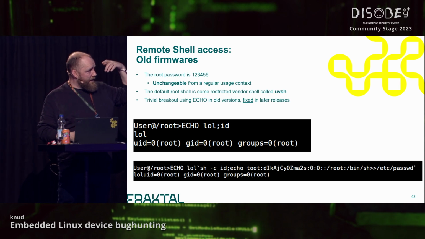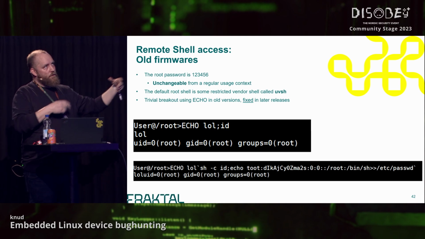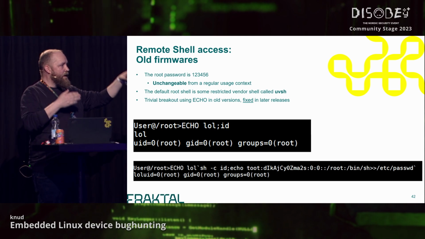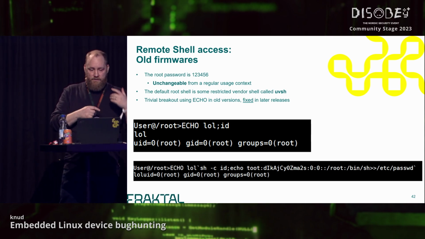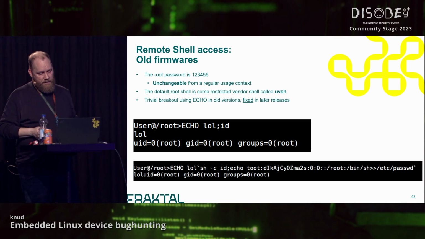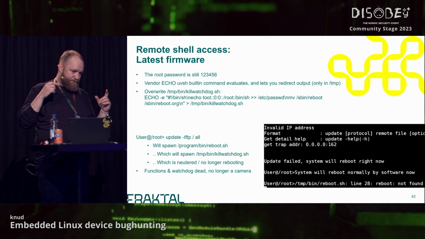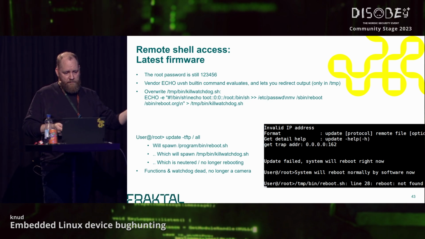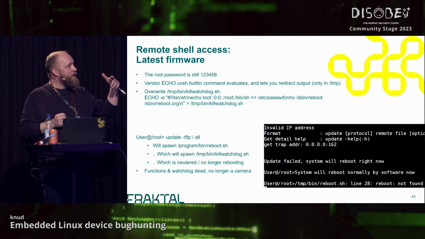And then you can add a real root user called toot in this case, that has a password of 123456, but which spawns a real shell, so that next time you telnet to it and supply toot as the user, you get a real shell instead of this gimped vendor shell, right? So in the latest firmware, that one is fixed. The root password is still 123456, but they fixed this one.